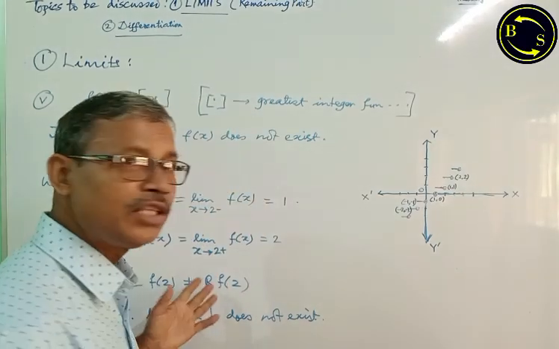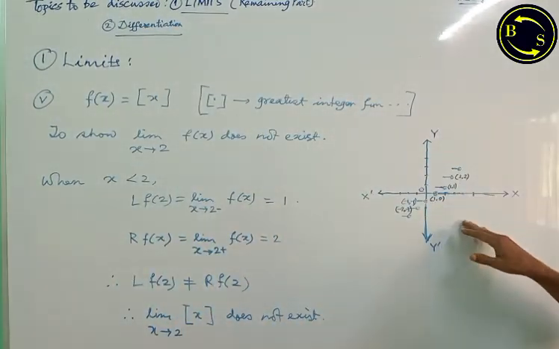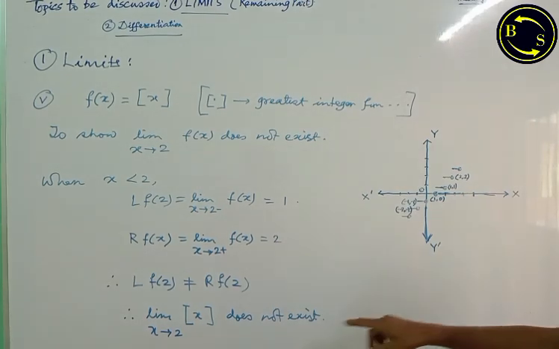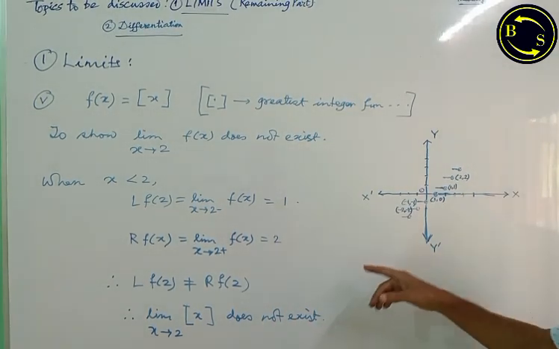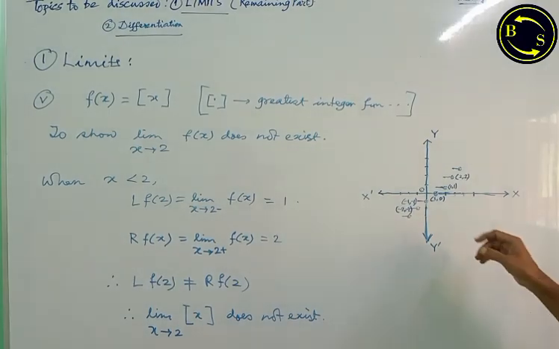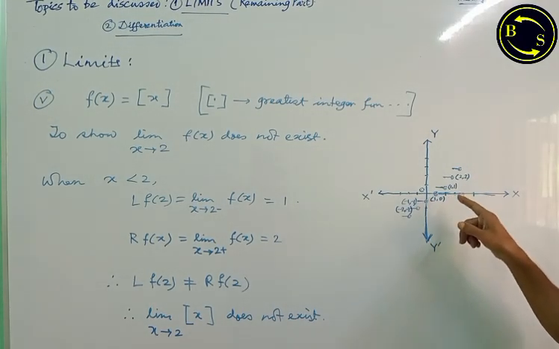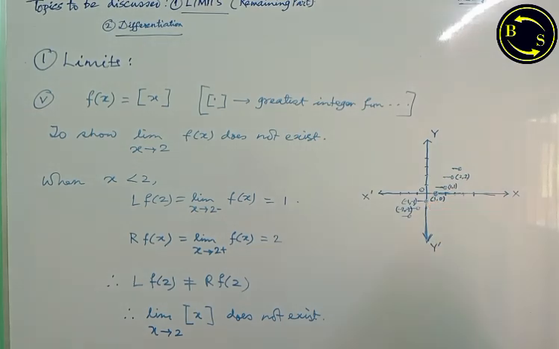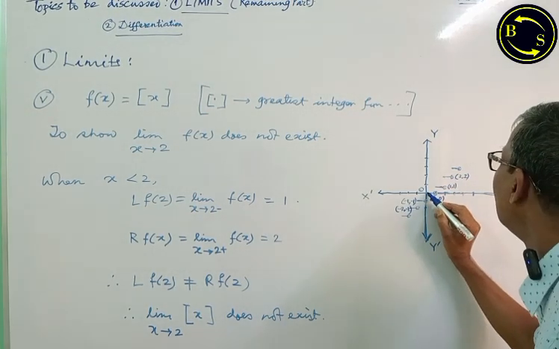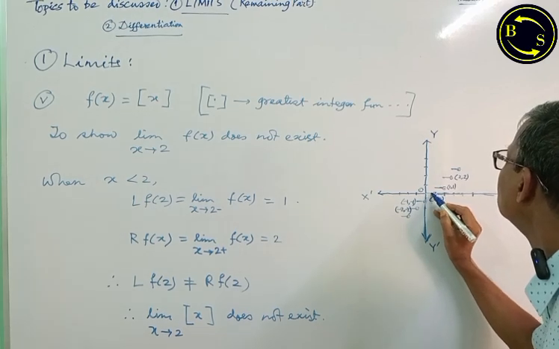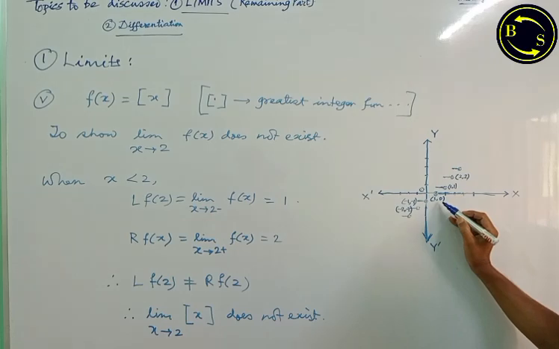We can explain this problem with the help of drawing a graph. I have drawn the graph of the box function here. When x lies between 0 and 1, including 0, the graph of the box function will be this one, excluding the point (1, 0).